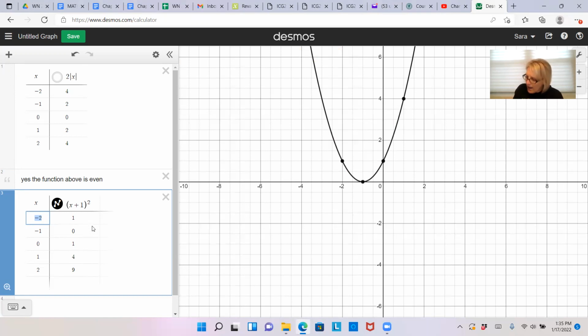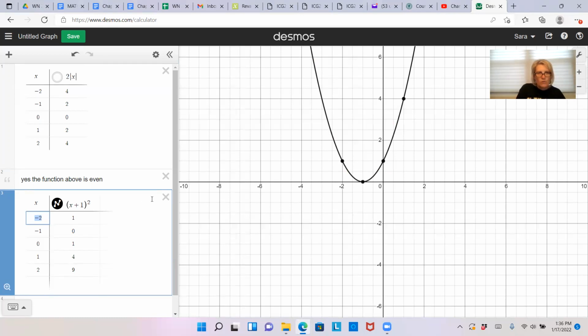And it's not odd because the rule for the odd is that if you put in a -2, you would get a 1. And then if you put in a +2, you would get a -1.